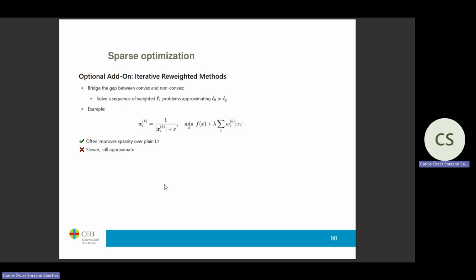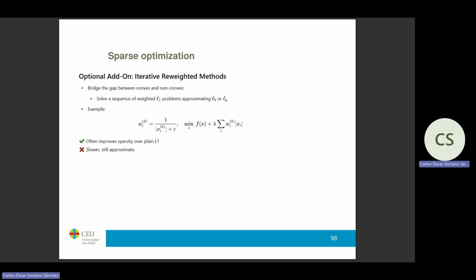So if it is 10 to the minus 6, the inverse of that is very high. So that means that if xi is small, then it will be very heavily penalized. And then in the next iteration, this minimizer will try to make xi equal 0 because it is much cheaper. And then now you have one 0 component, and then you keep iterating. Some other component, maybe again close to 0, you will try to make it 0. So this approach is called the iterative reweighted method.